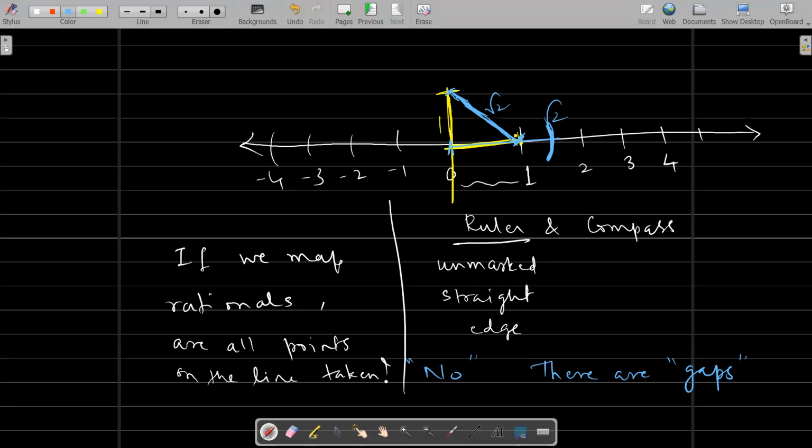Sir, aren't there some real numbers that cannot be constructed by ruler and compass? Yes. Like pi, for example, or something like root pi. The golden number, plus 2 upon 4.